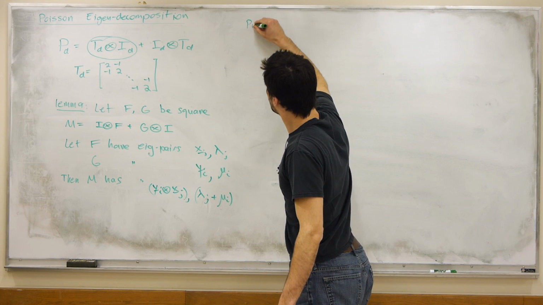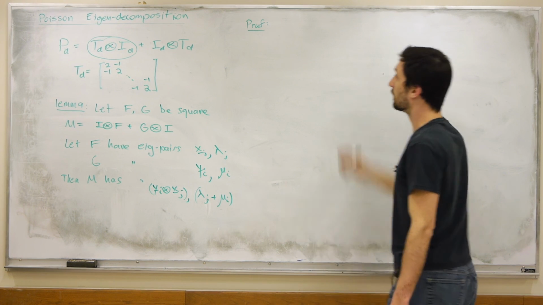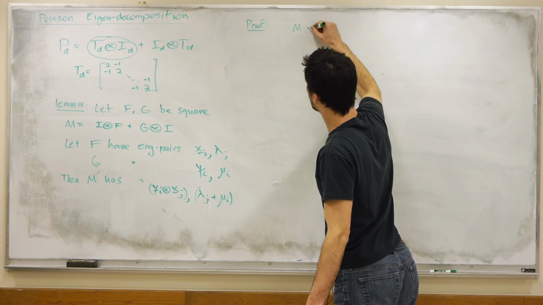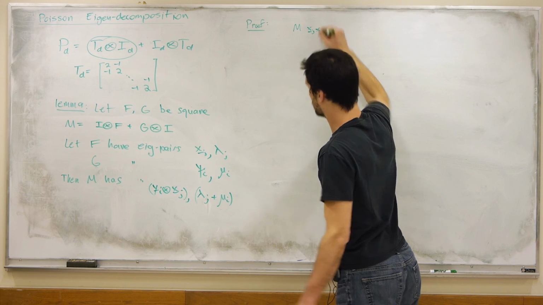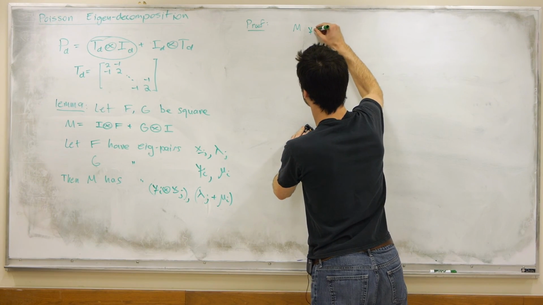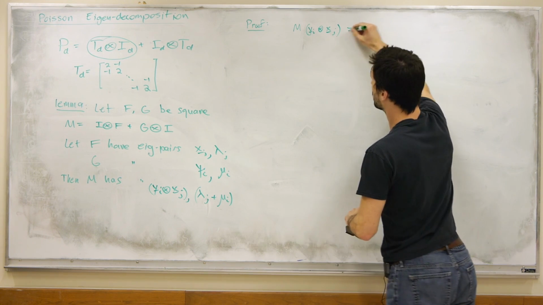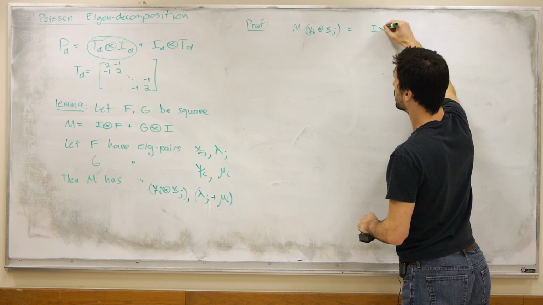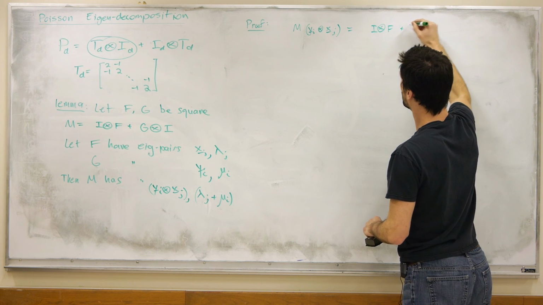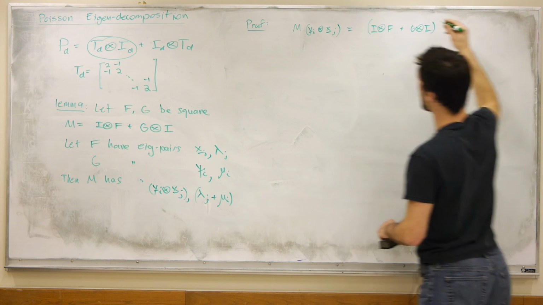So, proving the lemma first. First, we're just going to multiply M by exactly the thing that I claim is an eigenvector.